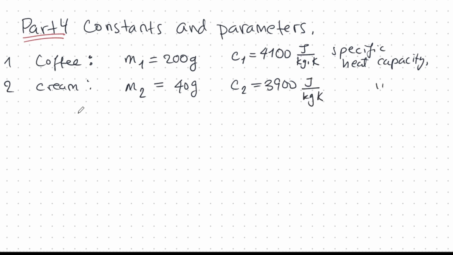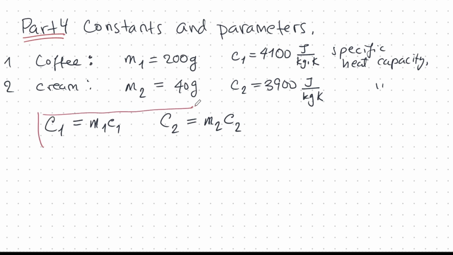And we can relate heat capacity to specific heat capacity with these formulas here. So it's very easy. You just multiply specific heat by the mass and you get heat capacity like that. Okay, so that takes care of that part.